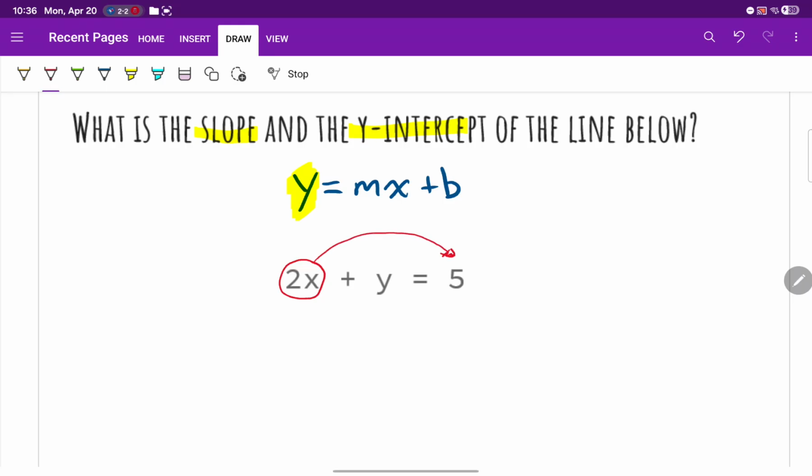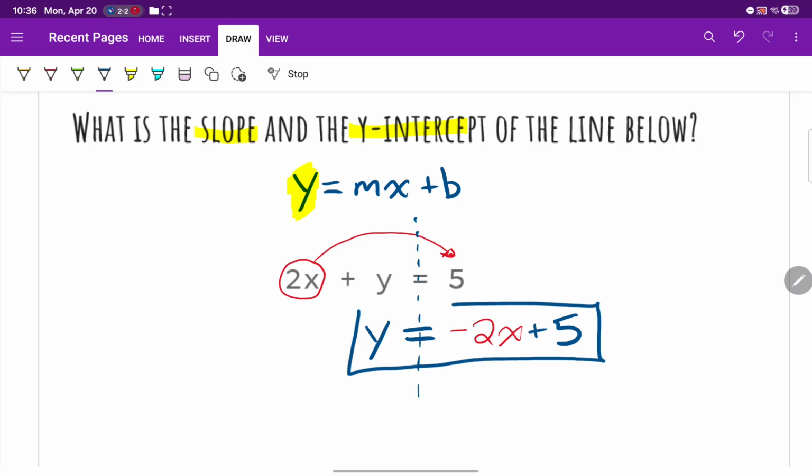What's extremely important to remember is that when that number switches sides, it does in fact switch signs. So that is going to become y equals, when that 2x moves over, it becomes minus 2x. And the 5 did not move, so that is plus 5. And so this becomes my equation of the line.